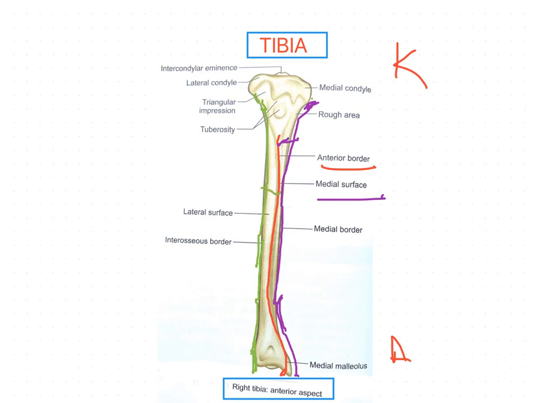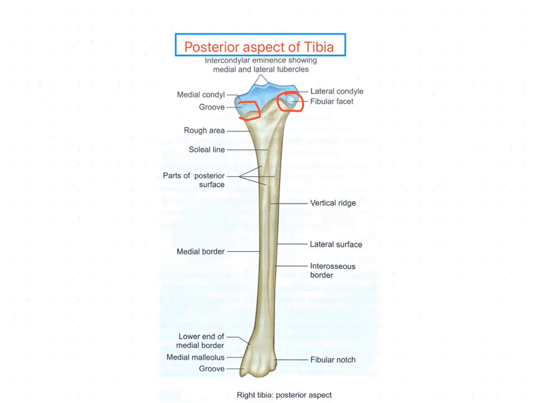The surface between the medial border and the lateral or interosseous border becomes the posterior surface.